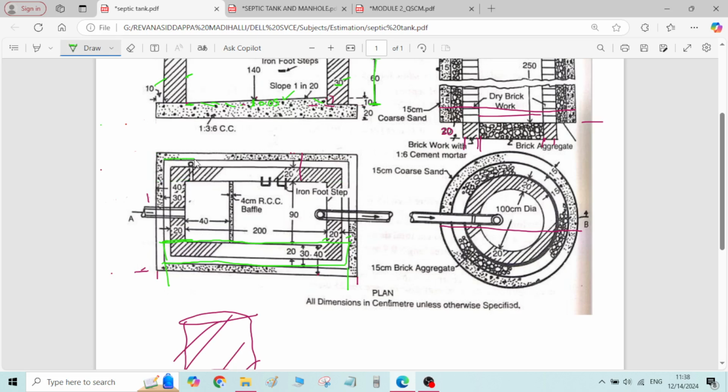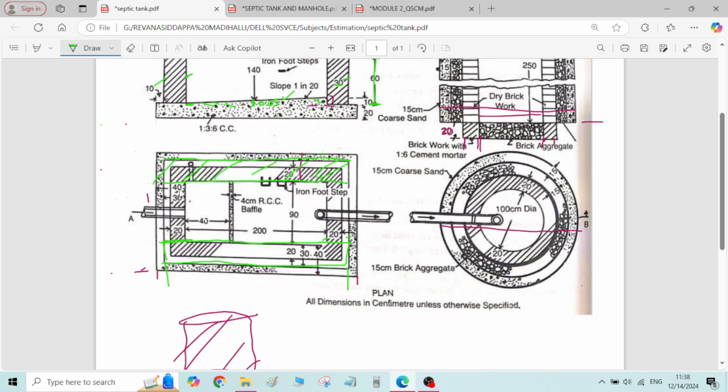Up to here we have already taken the length. While doing the calculation for long walls up to this length, 2 meter plus 0.3 on one side plus 0.3 on the other side. This volume is already been calculated.